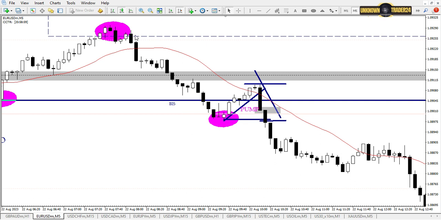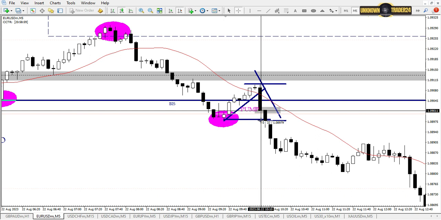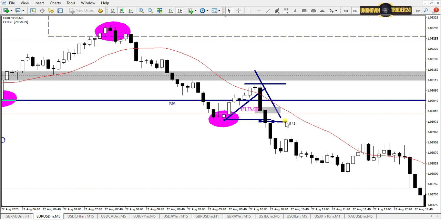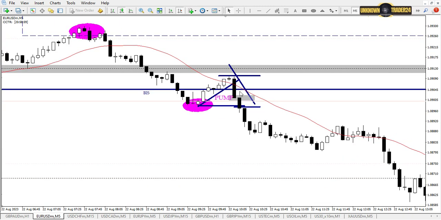So my goal actually is to get filled inside this 25 pip box, okay, because the move failed on this one, so I want my entry to be within this box, then I'll be able to take it at least 50 pips, okay. So I want it to be within this box, and as you can see here, I tried my best, but because of the broker fee, which some brokers will keep as 2 pips, 3 pips, whatsoever it is, I was filled on the lower box, but it's still okay.